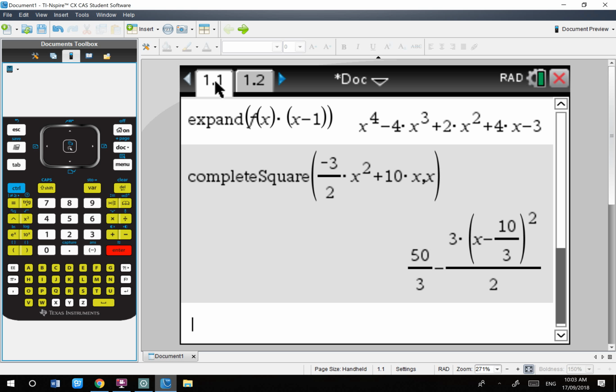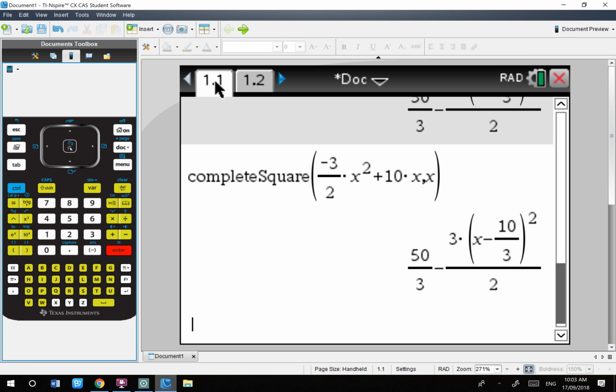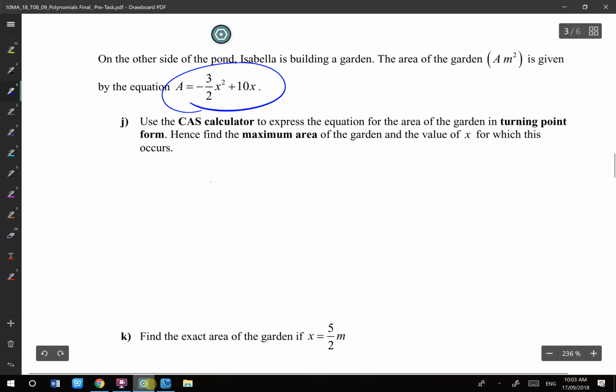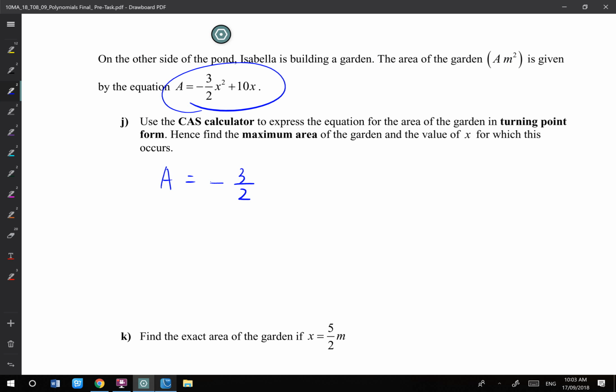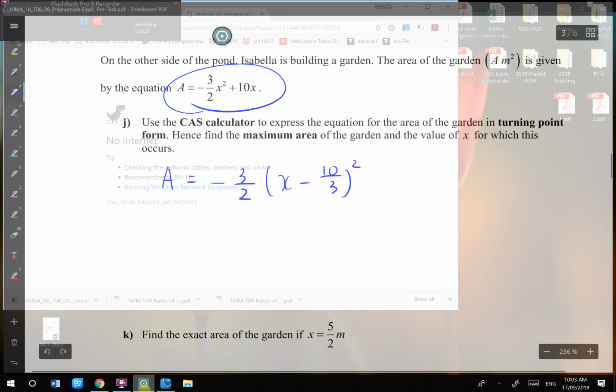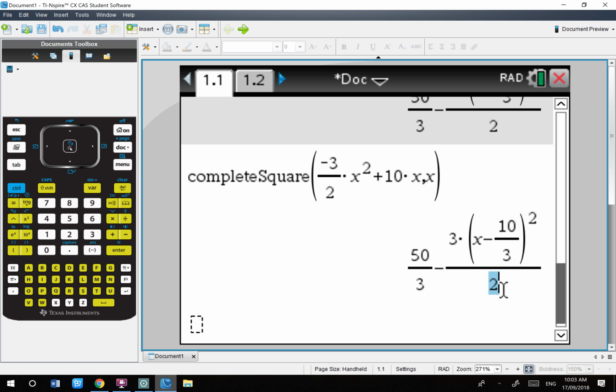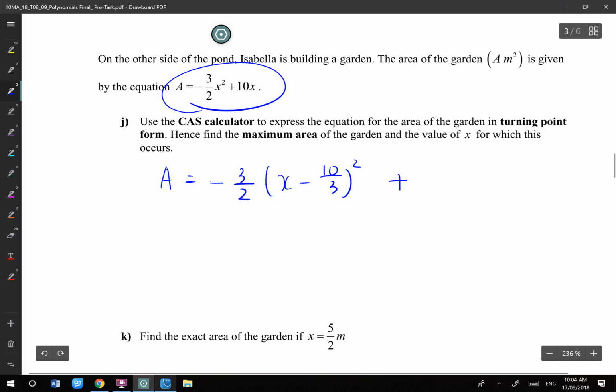That's the turning point form. I just make it higher. That's too big. You're not going to copy exactly the same thing because it doesn't look very nice. But what I will do is, a equals minus 3 over 2, that's the coefficient, bracket x minus 10 over 3 squared, plus 50 over 3.